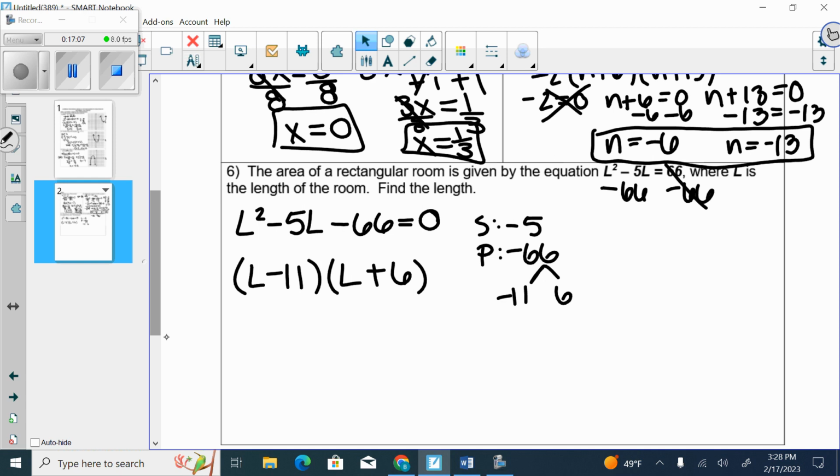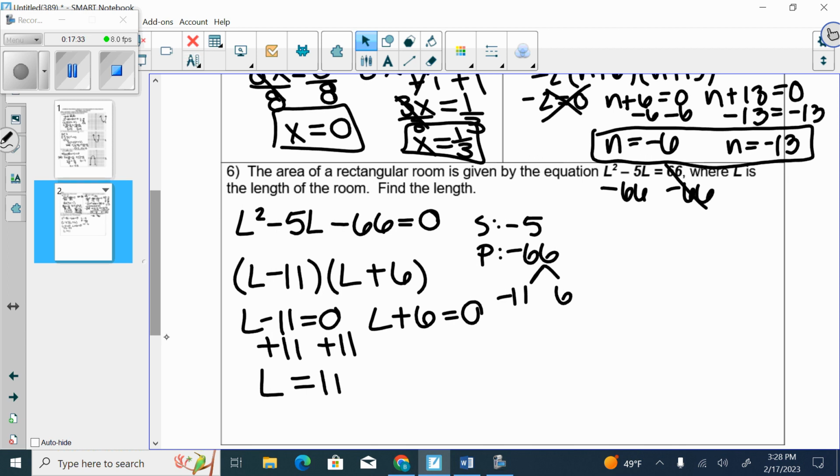Okay. So what do I do with my two factors? We are going to set them equal to 0. So L minus 11 equals 0, and L plus 6 equals 0. So we add the 11, so we end up with L equals 11, and over here we're going to subtract.